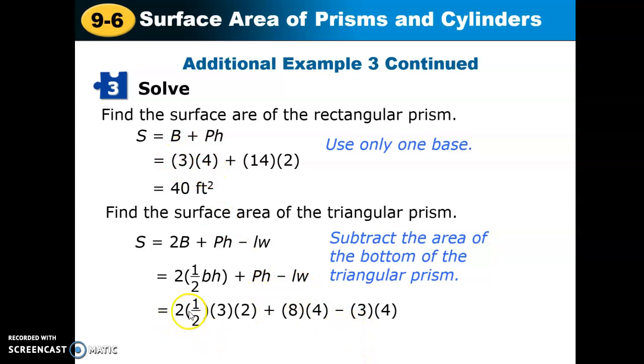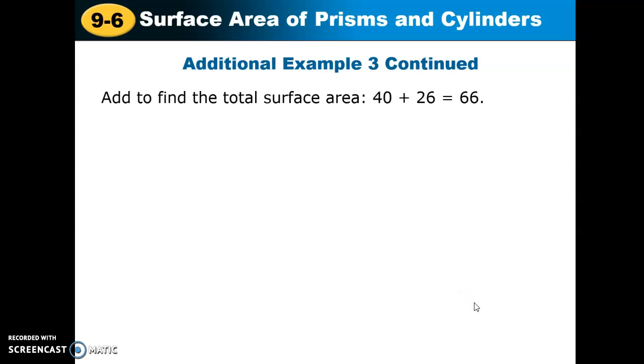So when you multiply all these together, then add your first two numbers, subtract your last one. So 2 times 1/2 times 3 times 2 is 6. 8 times 4 is 32. And 3 times 4 is 12. So you're going to add 6 plus 32, subtract 12, and you end up with 26.